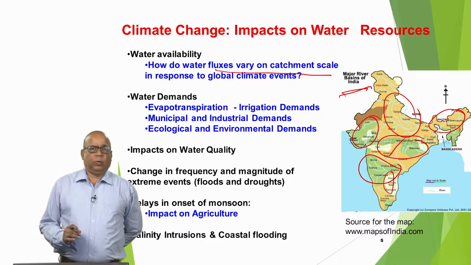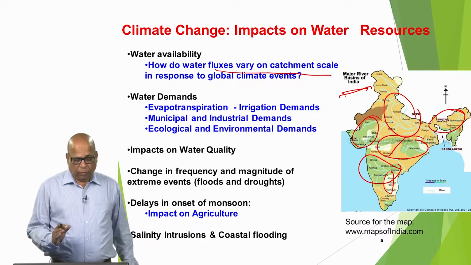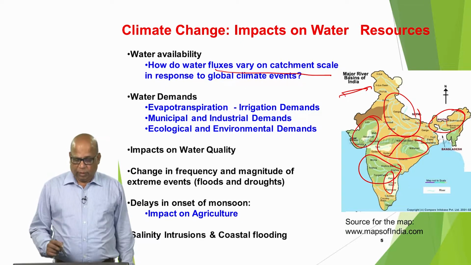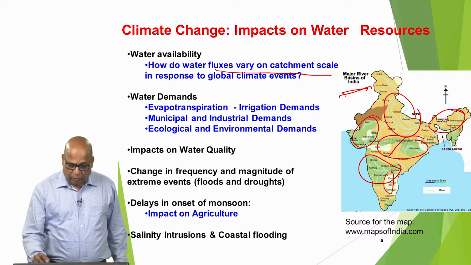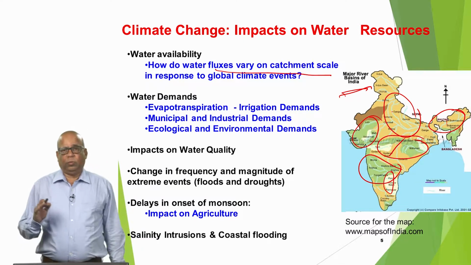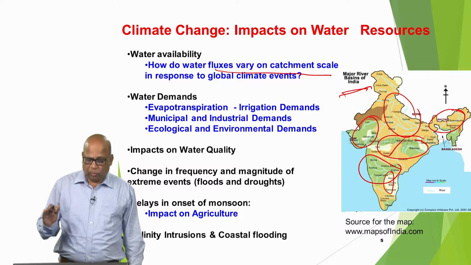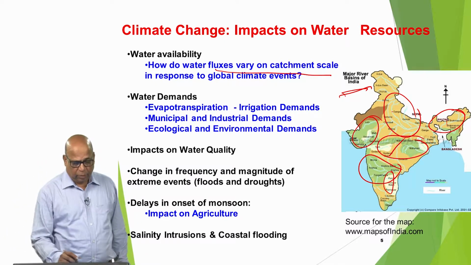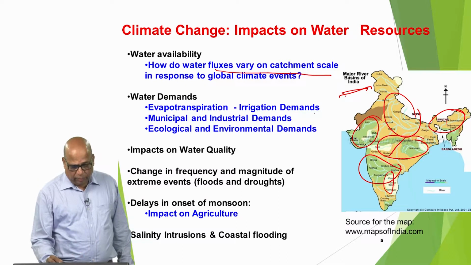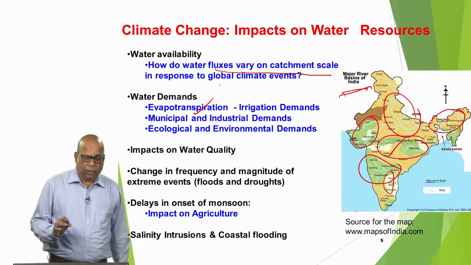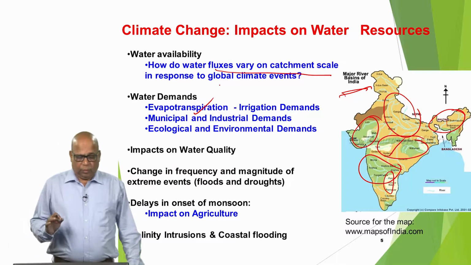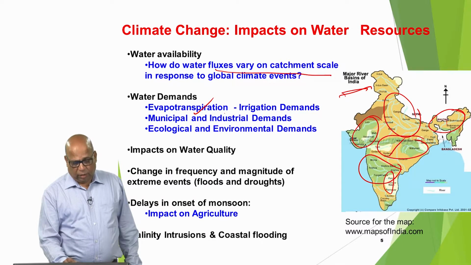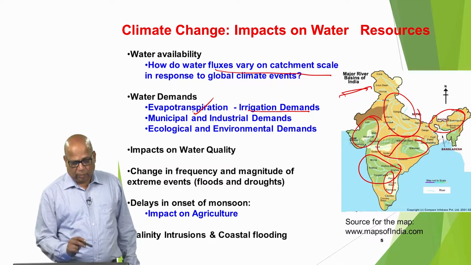So, the first level question that we need to ask when we are looking at climate change impacts is the one related with water fluxes in these river basins, whether the flows are likely to go down, are they likely to go up, whether the demands in those basins are likely to go down, etc. Then on the demands, as I mentioned in the first class, the evapotranspiration has a great potential to be affected by climate change, and the irrigation demands are primarily dictated by evapotranspiration.